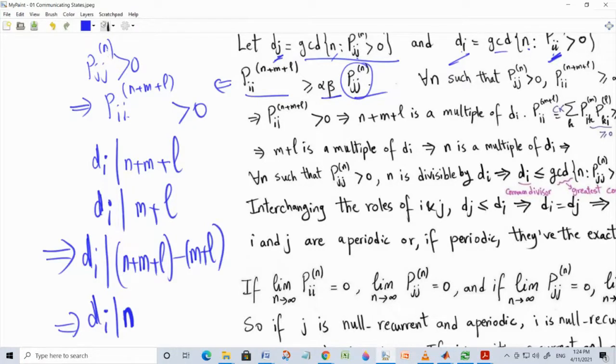Every n that makes b_jj of n strictly positive must be a multiple of d_i. All those n's are divisible by d_i.